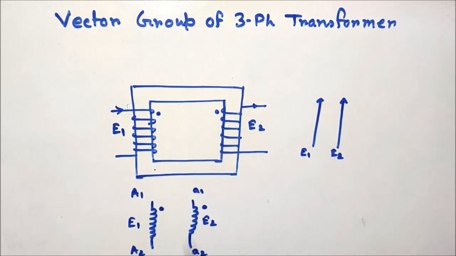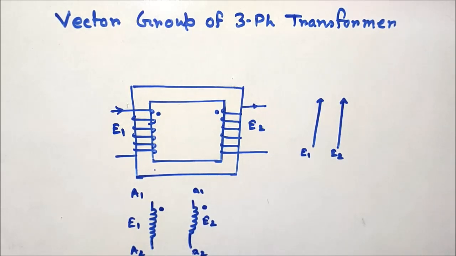But in a three-phase transformer, there are three such coils connected either in star or in delta. Similarly, in the LV side, there are three such coils connected in star or in delta. Based on the different connections, different vector groups come.